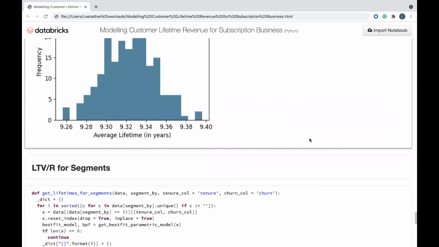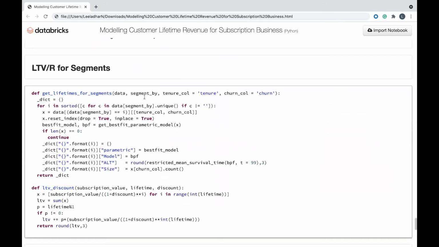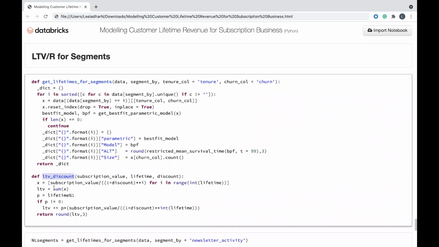And then finally, we have a function to create segments out of any given field, say age or income, and then estimate LTV metrics for all the segments which have been created. And here is a function to compute $LTV.